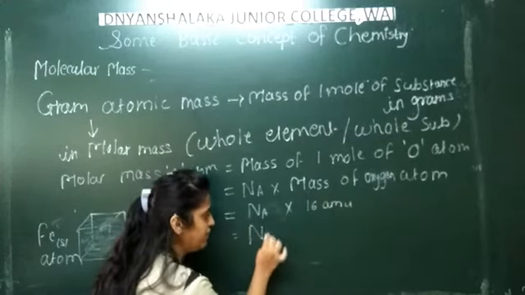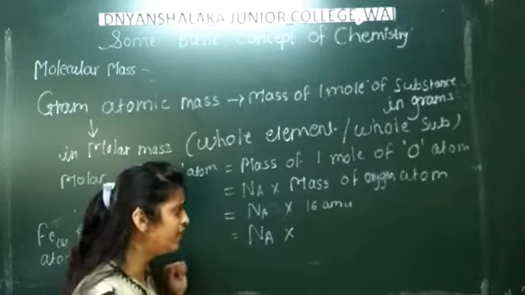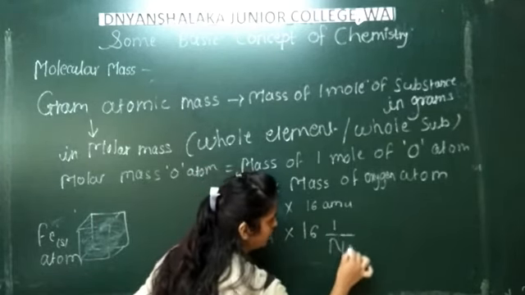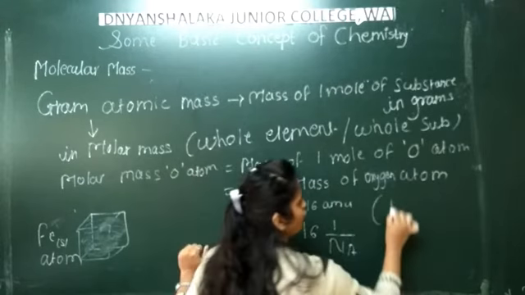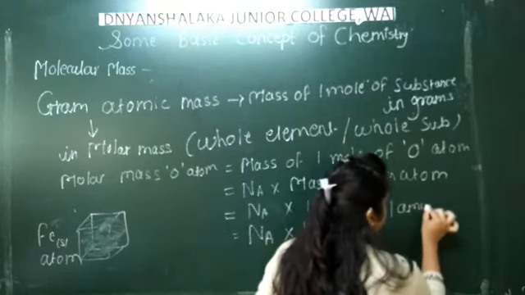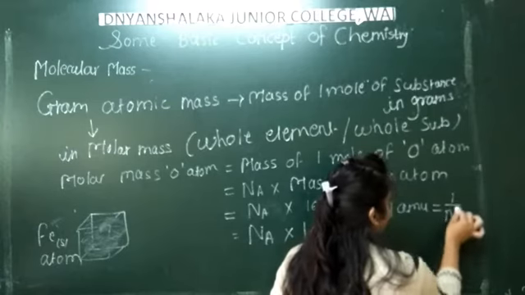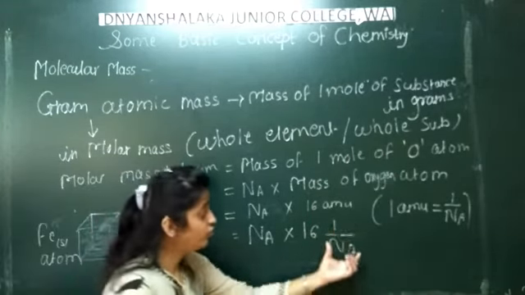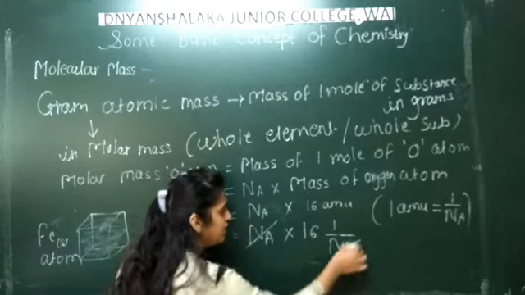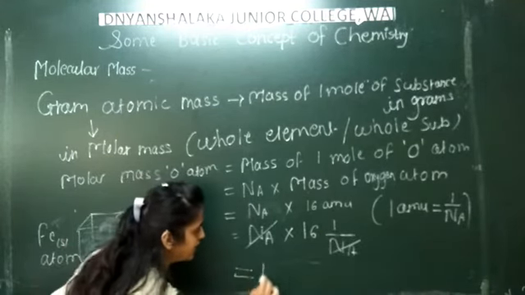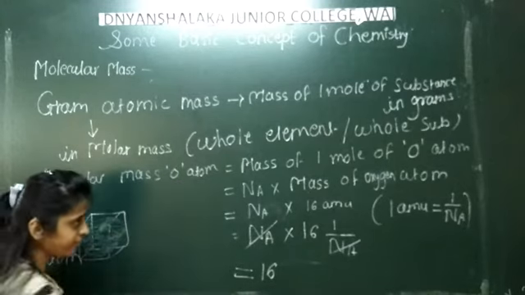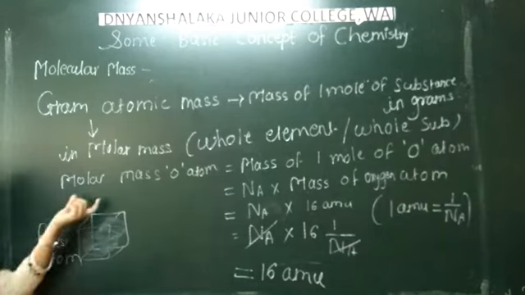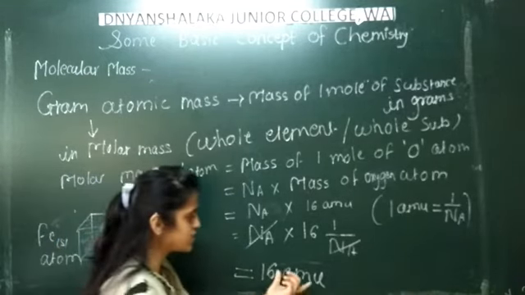So Na into 16 AMU, where 1 AMU is equal to 1 upon Na, as we studied in the last concept. So Na gets cancelled and we get 16. We get the molar mass of oxygen as 16 AMU.